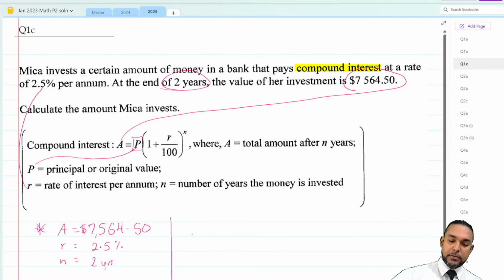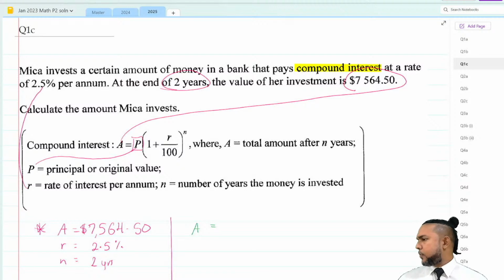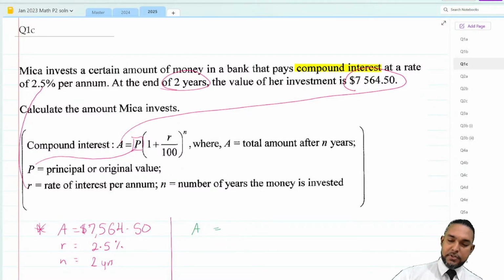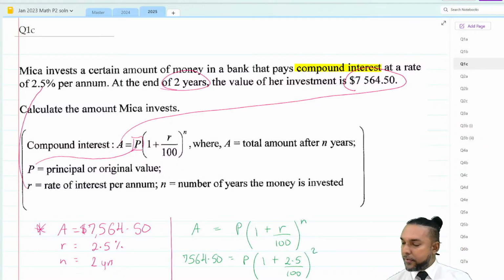All right. So A is equal to P multiplied by 1 plus R over 100 to the power of N. So A is 7,564.50, equals P times 1 plus R, which is 2.5 over 100, squared.